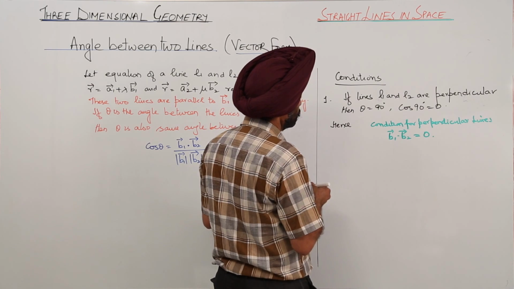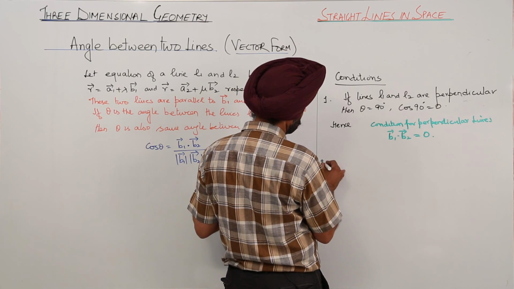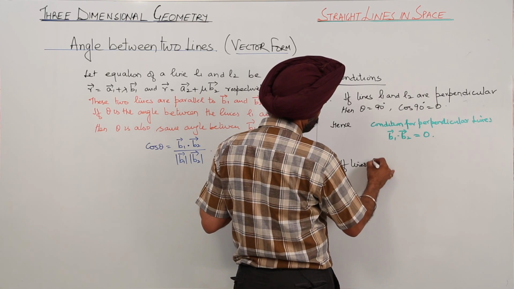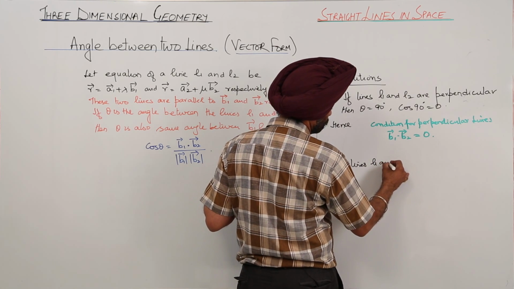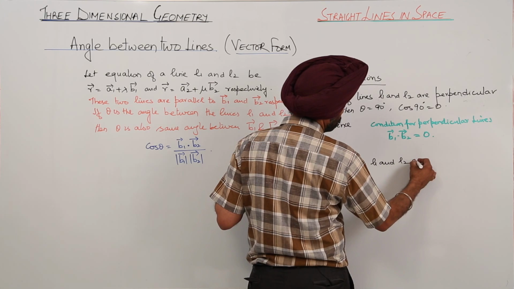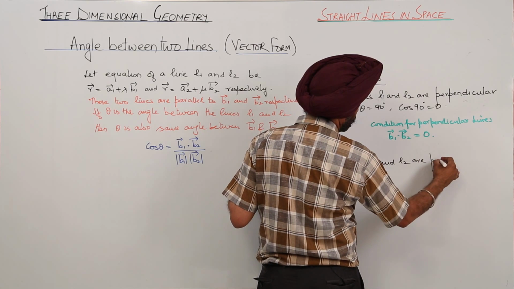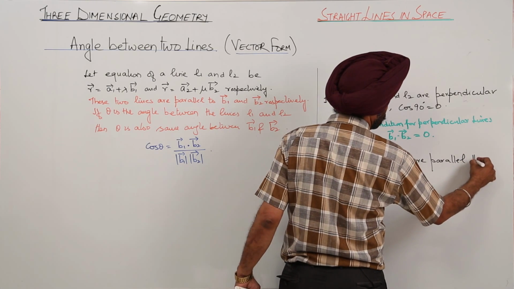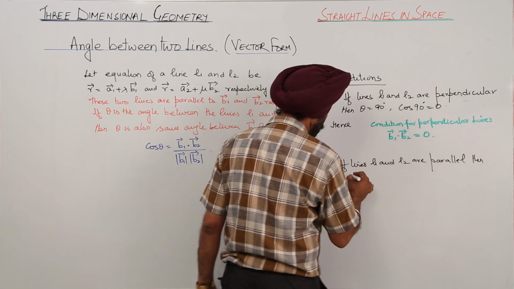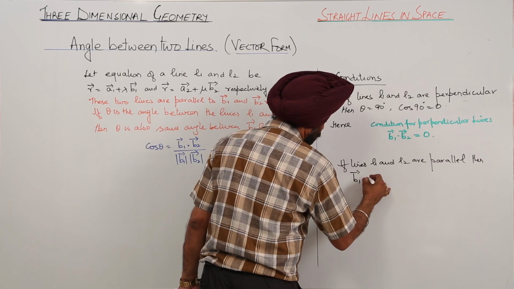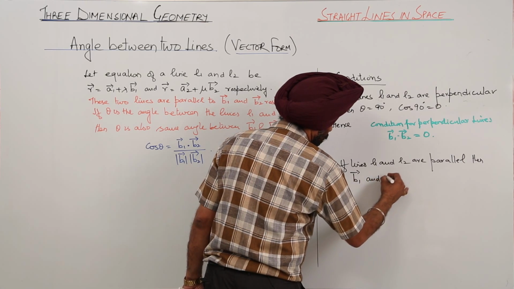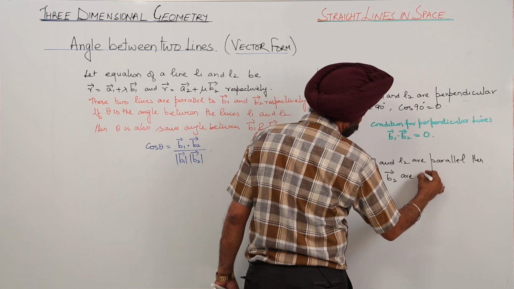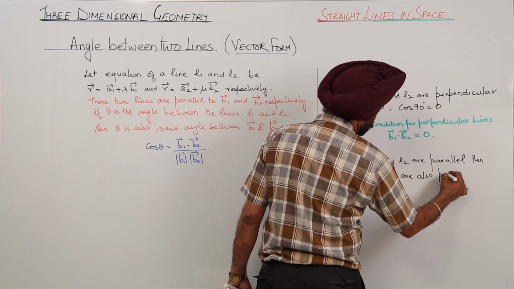Now number 2, if lines L1 and L2 are parallel, then vector b1 and vector b2 are also parallel.